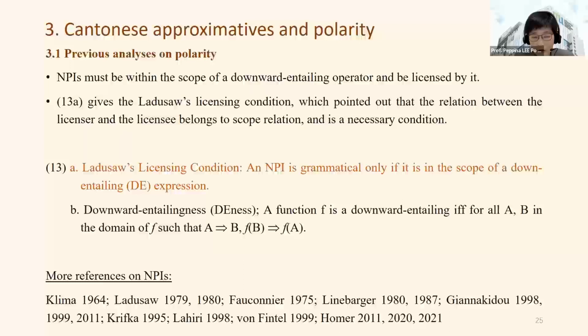That's why it can only appear in "I did not eat any food" but cannot appear in "I ate any food." So English any is an NPI because it relies on the negator not in order to occur. Similar is the case in Cantonese or Chinese as well.